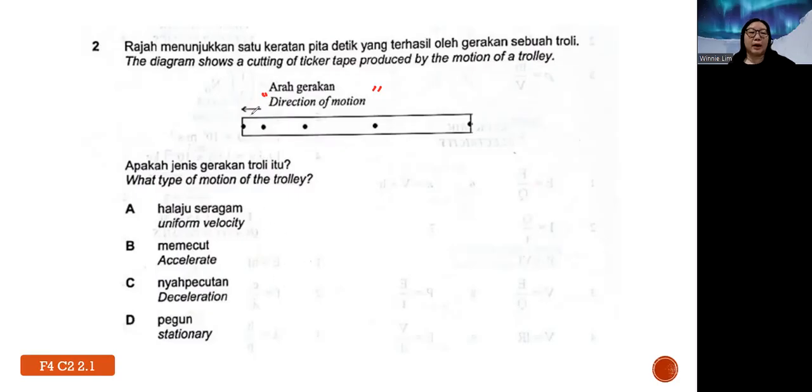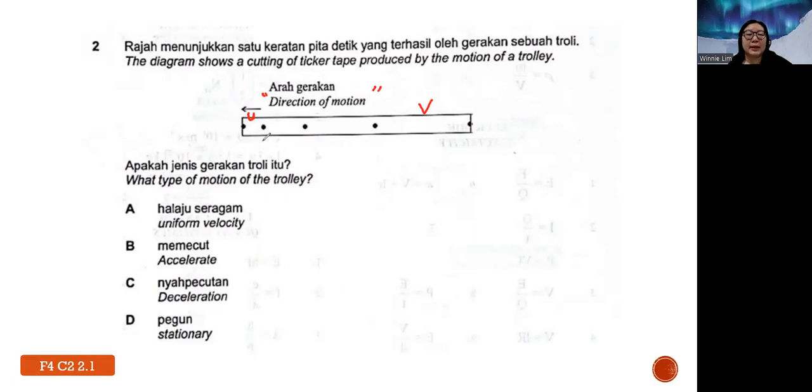So I will locate this as the initial velocity, then this is final, and this is the starting point. If the arrowhead is the other way, then I have to reverse it: this one will be initial and this one final. So first, you are clear about the starting point and the ending point. Next, you look at the gap.